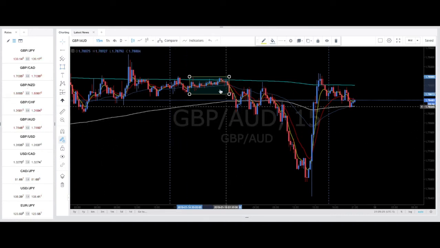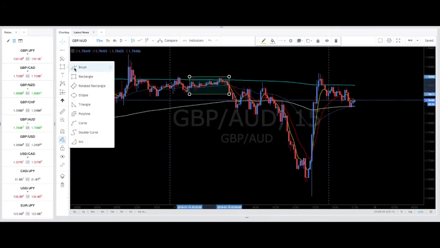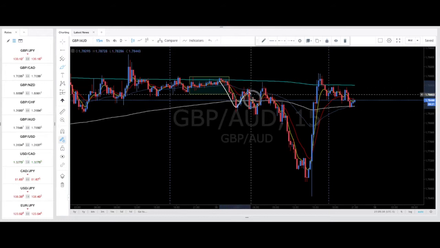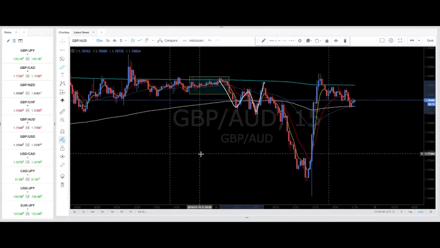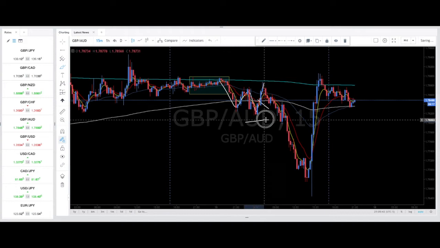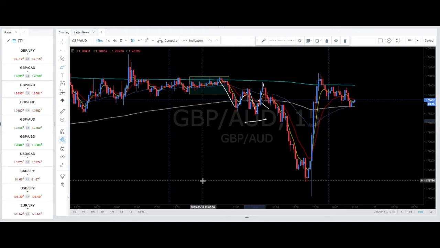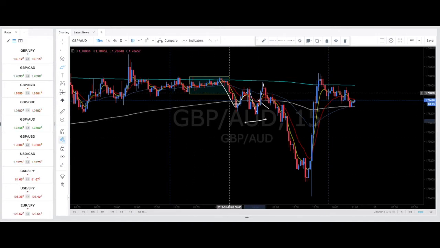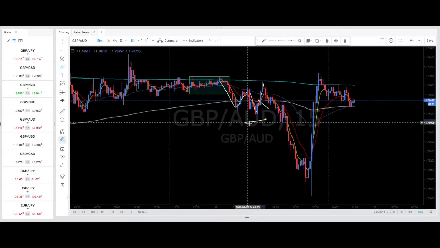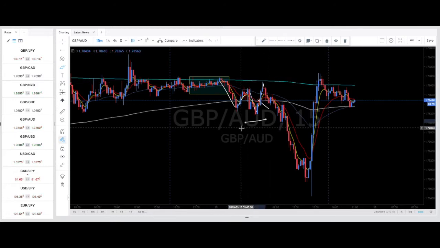Asian session here. We have our move to the low, comes back, goes down, comes back up again. Most of you guys would have been like, oh, here's a W formation. I'm going to trade it here and here, which you can do, because it's a clear W. But at the same time, you need to understand what the bigger picture is.